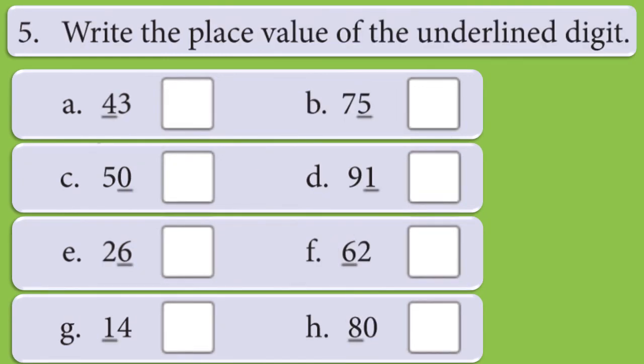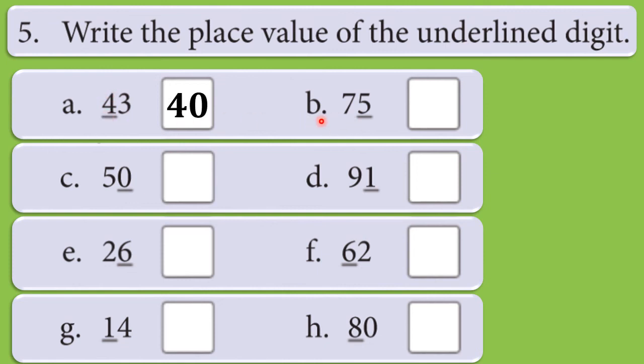Question number 5 is write the place value of the underlined digits. So we have to write the place value of this underlined digit. So here 4 is underlined in the number 43. The place value of 4 is 40 since it is at tens place.